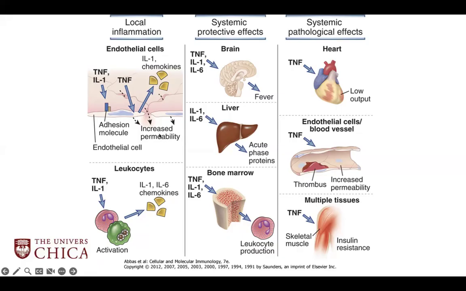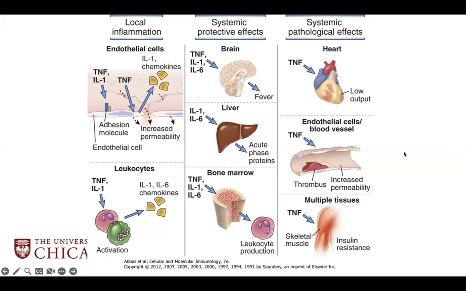It will increase adhesion molecules, so you can get your phagocytes out of your blood vessels, and increase permeability so they can get to the site of infection. They also have systemic protective effects like generation of fever for the heat, the acute phase reactants through the liver, or increased leukocyte production through the bone marrow.